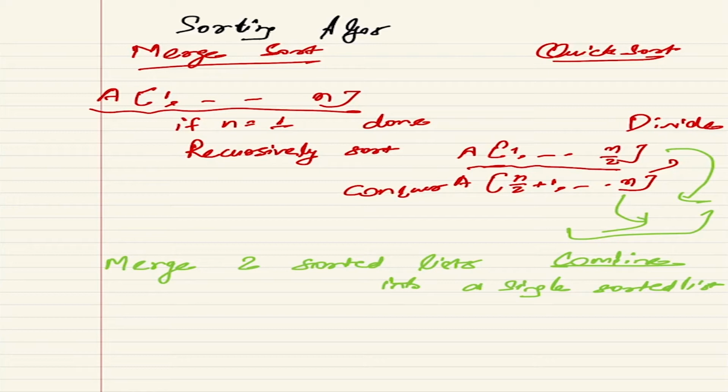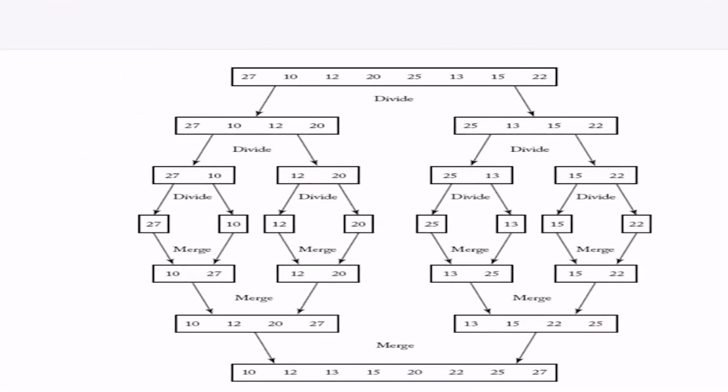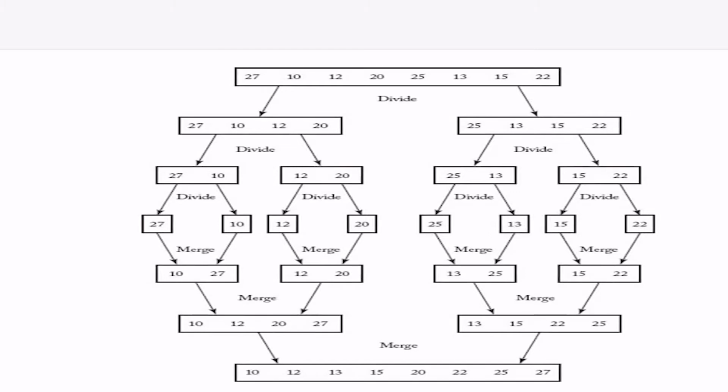So quickly, how this looks. Suppose you are given a sequence of 8 integers, and you divide this array into size 4 each. Keep on dividing until the problem instance is sufficiently small, size 1 only, but you cannot divide further.